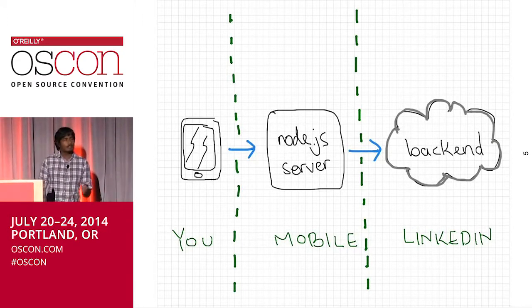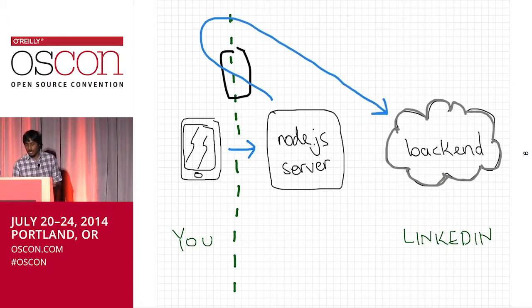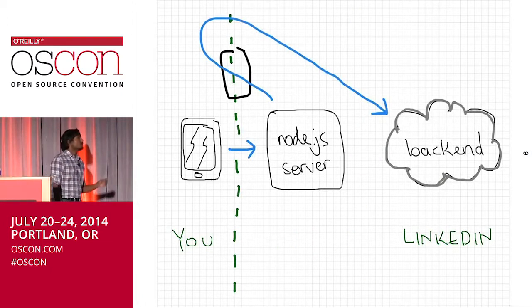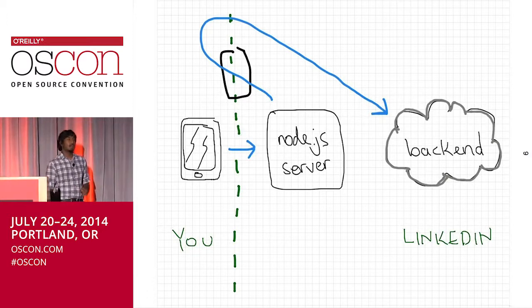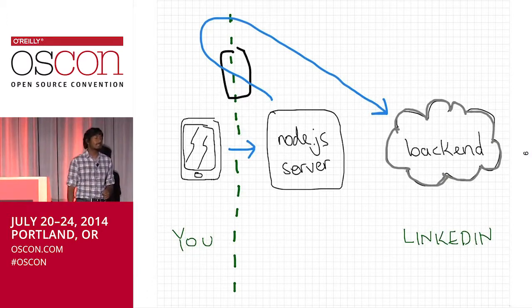And so for a little while, our architecture looked like this. We were in the same data center as the rest of LinkedIn, but we were actually going outside through a Squid proxy because those data centers don't have external internet access, and then coming back into the data center to hit the backend. That's been fixed.